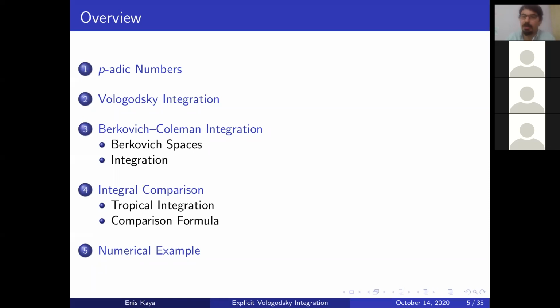In section 4, I will try to compare these two integration theories for curves. We will see that the difference will be given by a combinatorial object, what we call tropical integration. This name sounds so cool, but it's a very cheap, easy object in practice. And finally, we will conclude with a numerical example computed in SageMath.